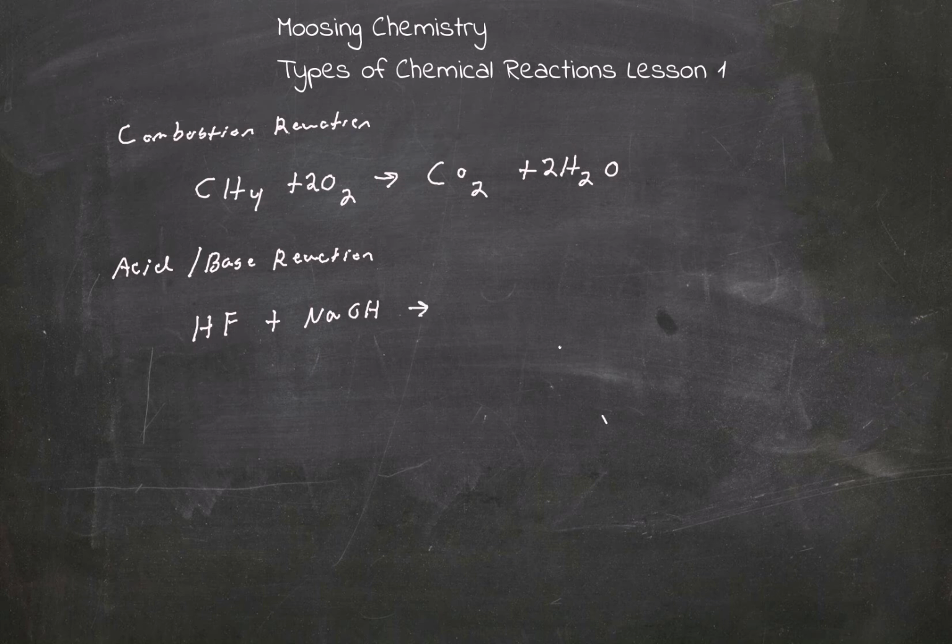In this case, this would make water plus a salt, which would be NaF, sodium fluoride. So then again, we do need to balance this, and by looking at this, we have 1 O, 1 O, 2 H's, 2 H's, 1 fluorine, and 1 sodium, 1 sodium. So we are already balanced.